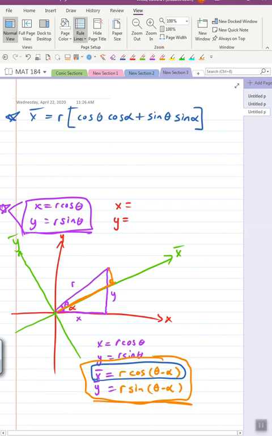And you don't need to tell me the detail, just what am I using to do that? An identity? Yes. Okay, what's your identity for cosine of A plus B? It's cosine A cosine B minus sine A sine B.